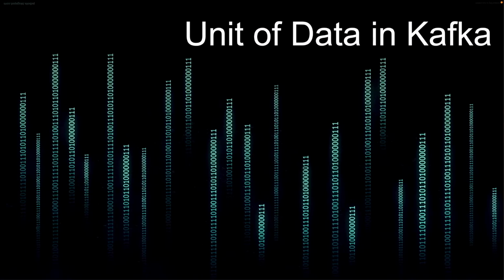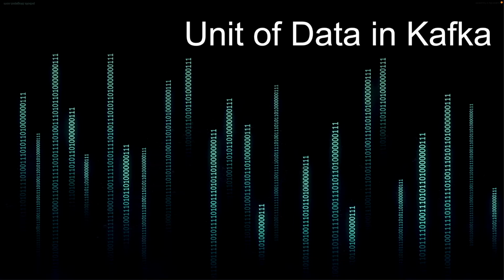So the unit of data in Kafka is actually a message. You send a message, you receive a message. But what does this message look like? In Kafka, a message is nothing more than a byte array of whatever you send.